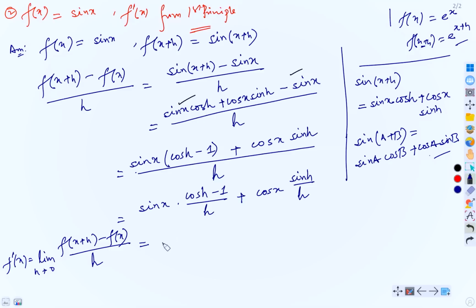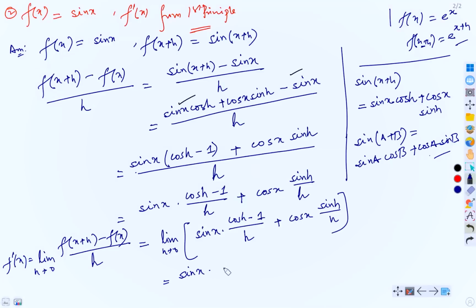Let me do this in the next step. In this step I am just taking limit to both left hand side and right hand side, that's all. Yes, I hope there is nothing so doubtful here. So now what I am saying, since sin x is free from h, therefore we can put sin x outside of this limit, okay?